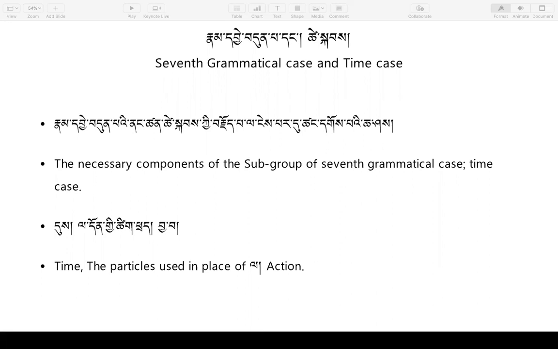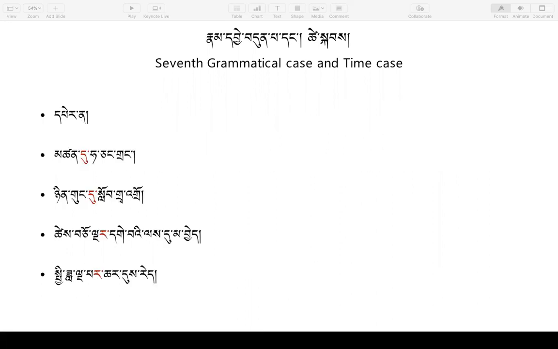So what do I mean by this? For example, it is very cold during the night. Here we're not particularly stating an action that is done during the duration of time that is the nighttime.